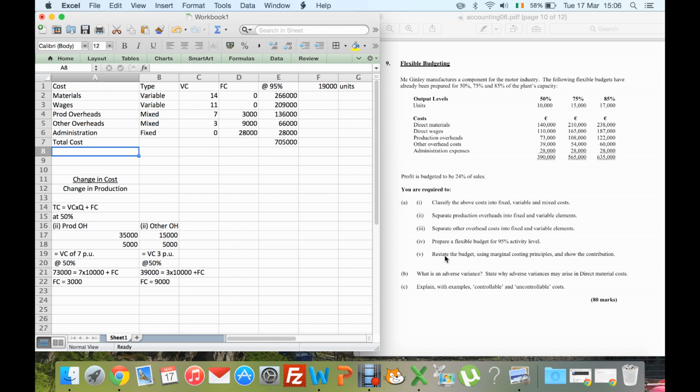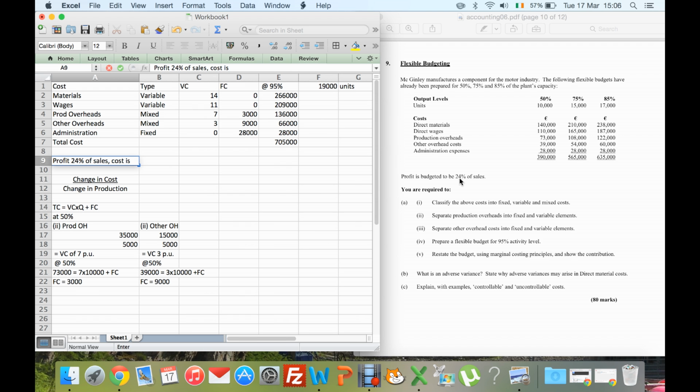Now we have to restate the budget. Okay, so I need to find out what my sales price is going to be. So profit is going to be 24% of sales. Okay, so I'll work this out up here. So therefore, cost is the difference, 24 taken away from 100%, because sales is 100%.